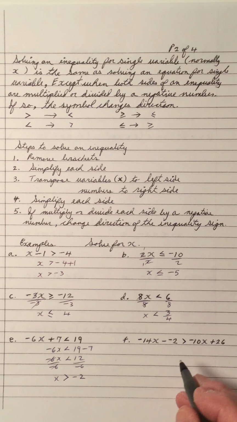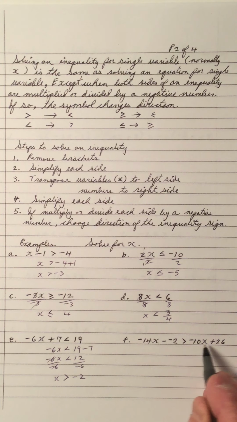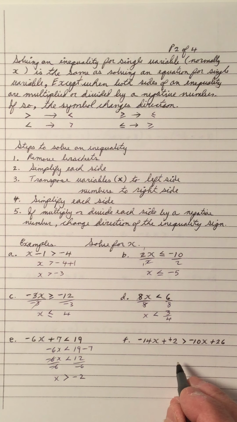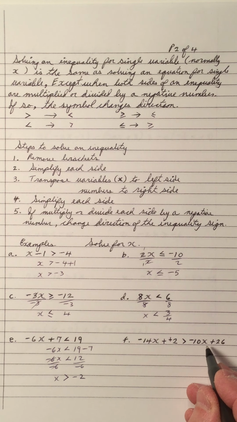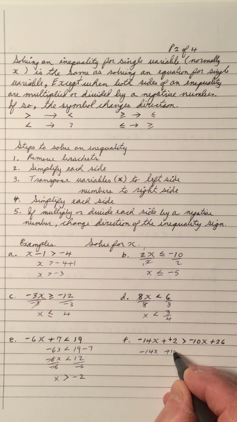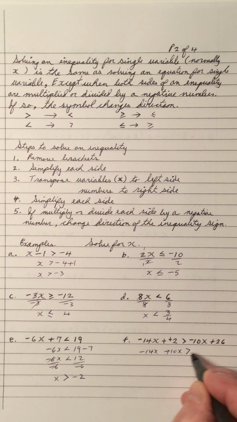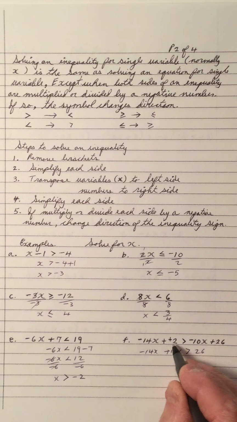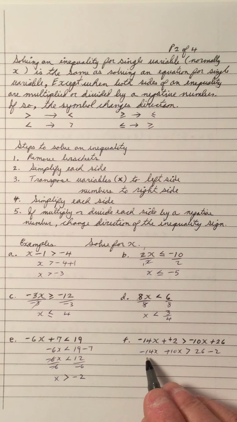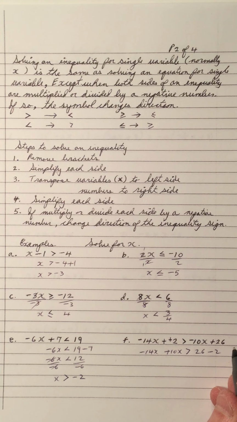F. We have a double negative in F, first thing I see, so we make the double negative into a plus. Move the variables to the left, so negative 14 plus 10x greater than 26, and the plus 2 becomes a minus 2. Variables go to the left, numbers go to the right. And when you do, you change the signs.